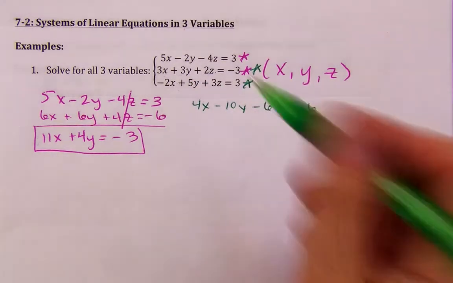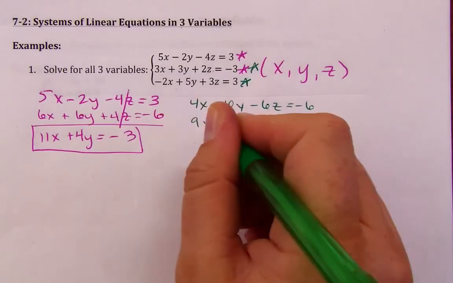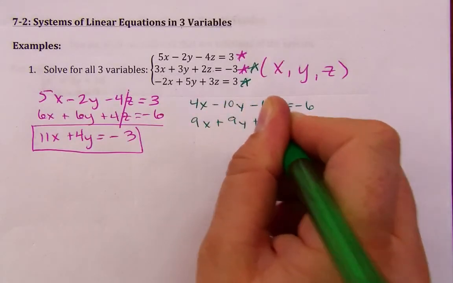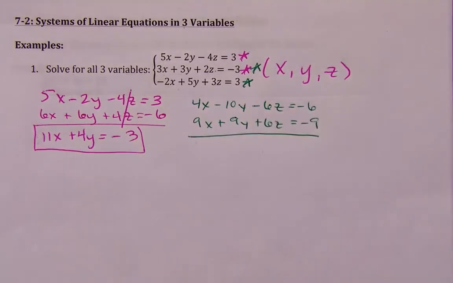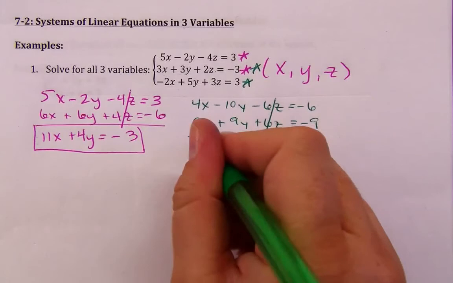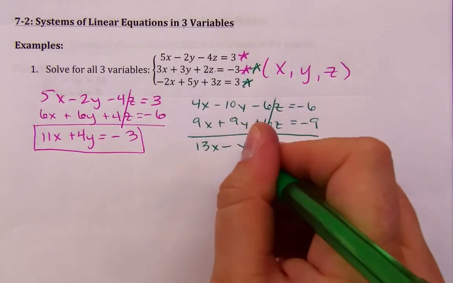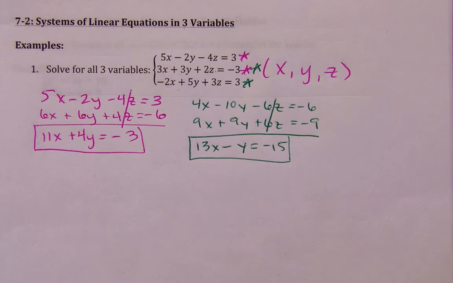And then on the top we have 9x plus 9y plus 6z equals negative 9. Adding those together, our z's cancel, and we have 13x minus y equals negative 15. And again, I'm just going to hang on to that.